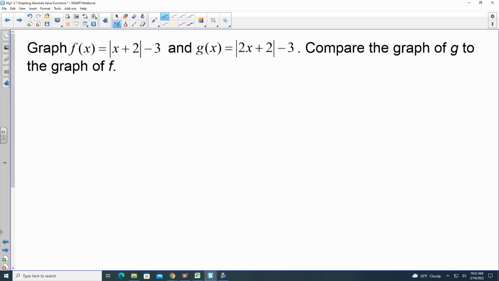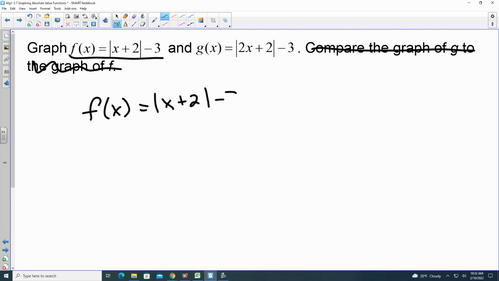So again, here, all I want to do is graph the function. I'm not concerned about comparing. So let's look at this value here. It says f of x is equal to the absolute value of x plus 2 minus 3. All right, let's go back to that general function. g of x is equal to a times the absolute value of x minus h plus k.